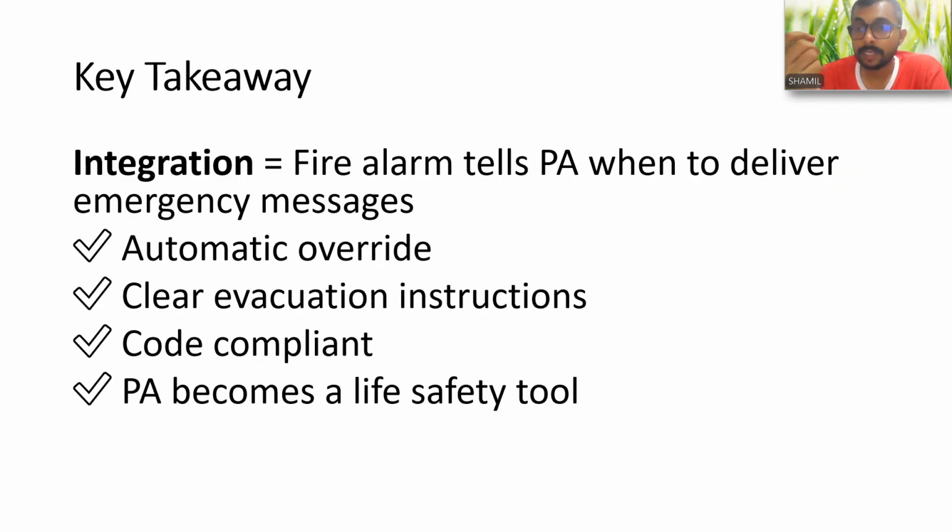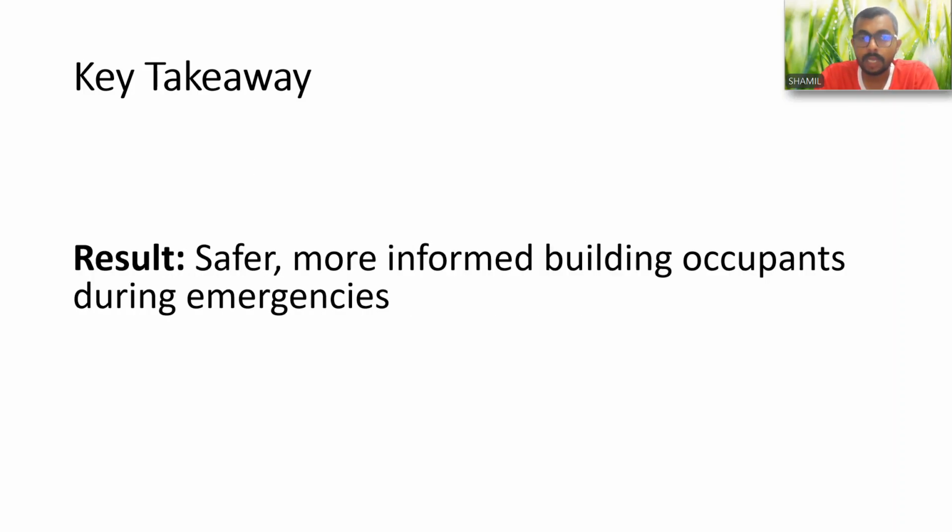That's when the public address system becomes a life safety tool, because we are using it to deliver the evacuation messages. The result of this integration is a safer and more informed environment for the building occupants during emergencies.